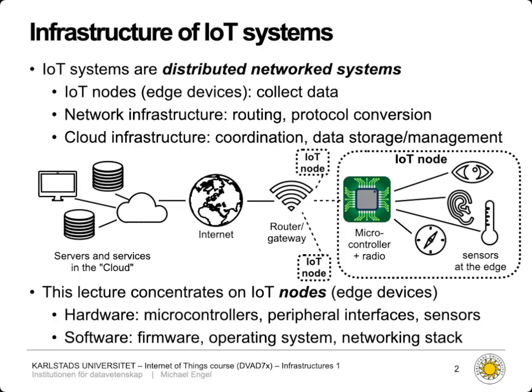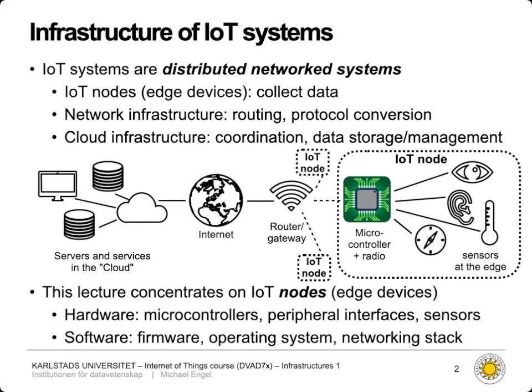So essentially, you need maybe wireless networks to connect your IoT nodes to a router that in turn connects them to the internet. You might need some conversion of protocols, so you might have some very low bandwidth links between your IoT node and your router, and you have a very high bandwidth between the router and the internet, so it makes sense to convert protocols between the different devices.